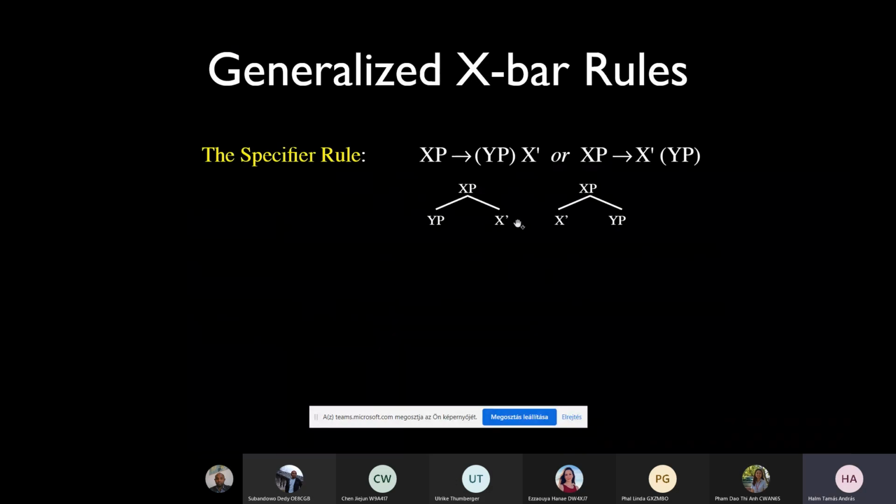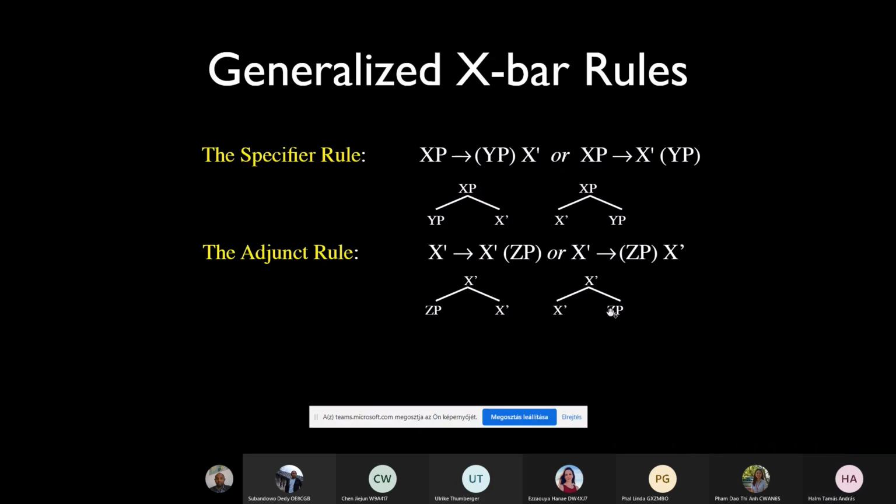In some languages, just like English, the specifier is to the left of X-bar. In others, it is to the right. The adjunct can also be, I mean, in English, certainly, an adjunct can be to the left of X-bar. It can also be to the right of X-bar, but we can imagine a language which is more strict.